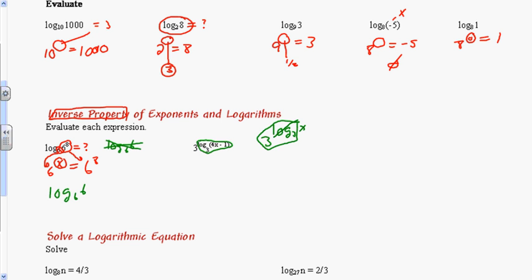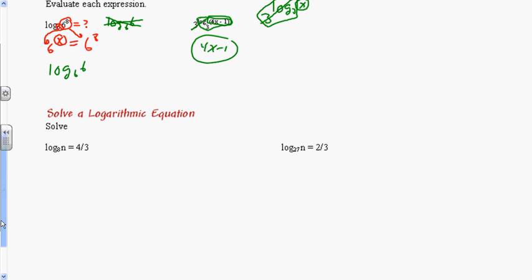And these will cancel each other out. Now I have x there to make it look simple, but here we have 4x minus 1. So what will happen is they will cancel out, and we'll be left with 4x minus 1. We'll come back to that tool later.